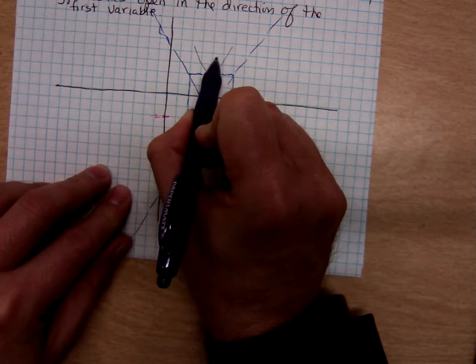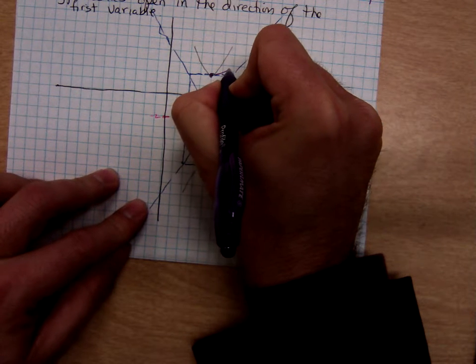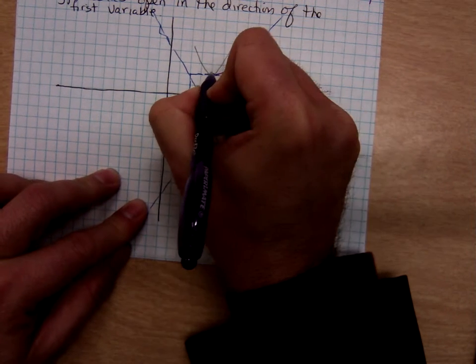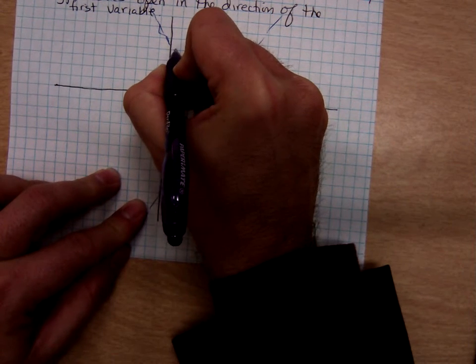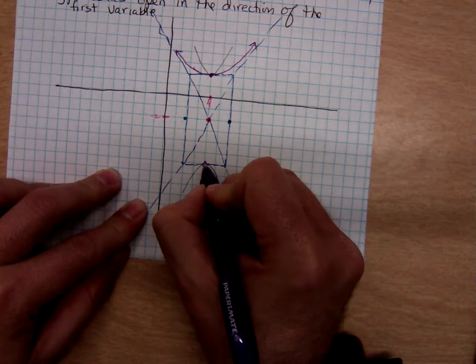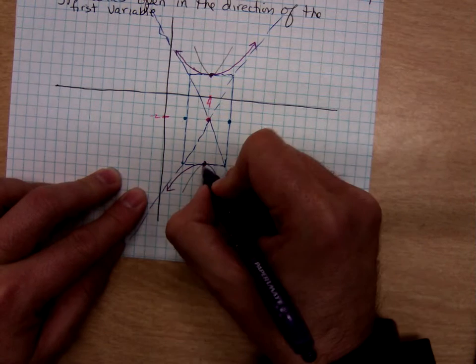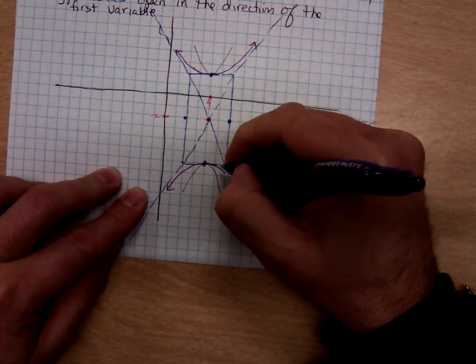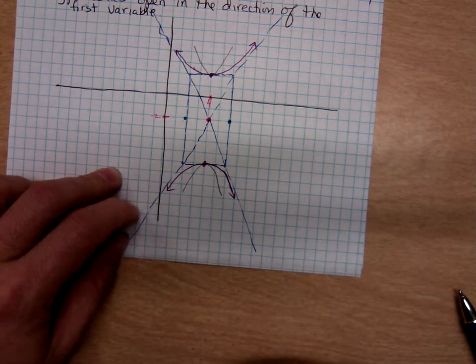The actual graph should look more like that. It's a wider graph. So drawing this big X helps me get the width right. But generally, if you just find the vertices, that's enough to figure out which one of the graphs it is.